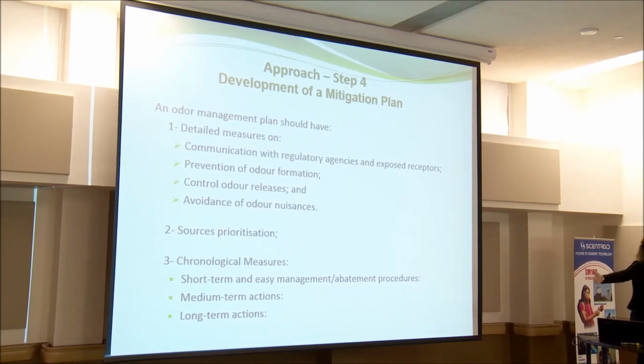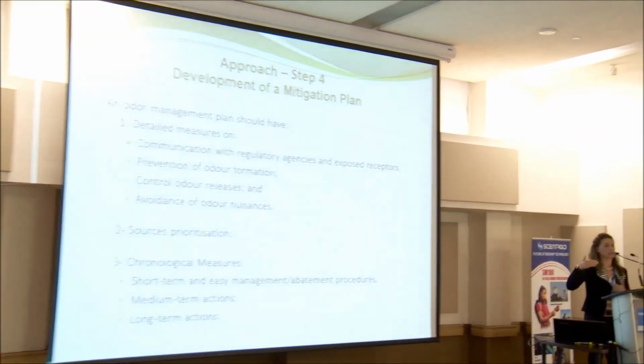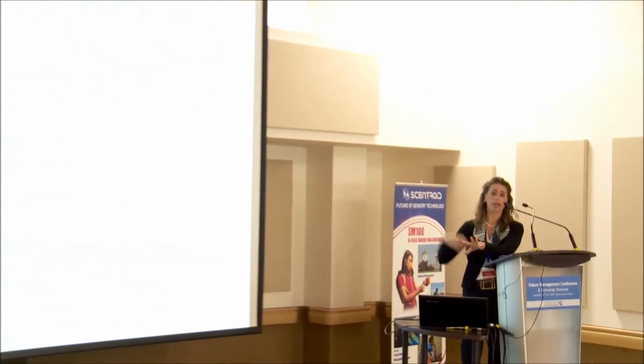It's a long-term, step-by-step process. So you need to prioritize and say, okay, for the short term, this may not be the highest, greatest source, but you can act quickly by using this solution. The big stack, the big source, well, it takes perhaps a couple of years. What do you do within that time? So short-term, medium-term, and long-term actions.